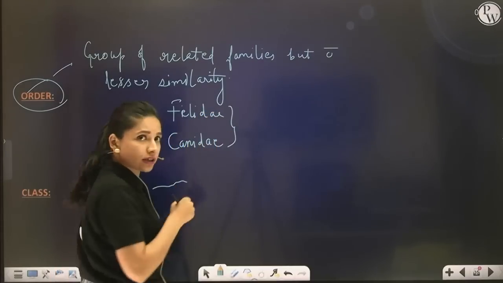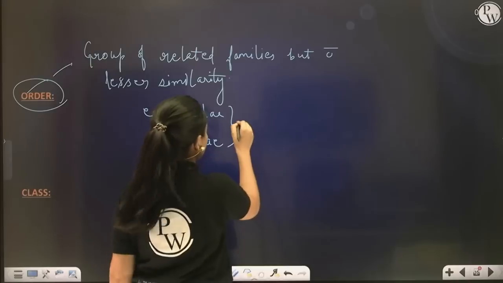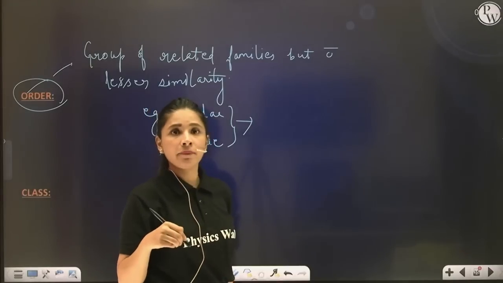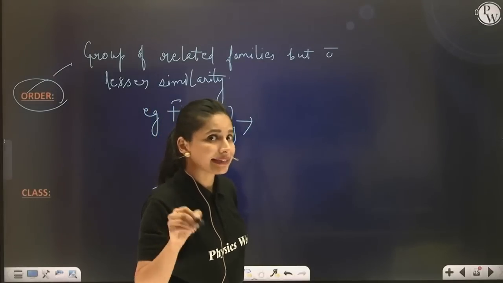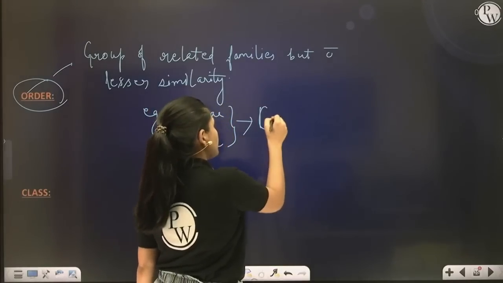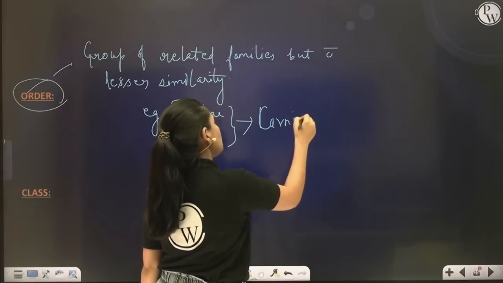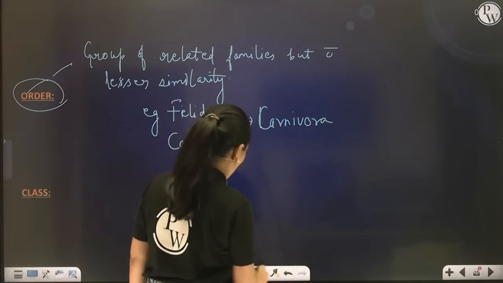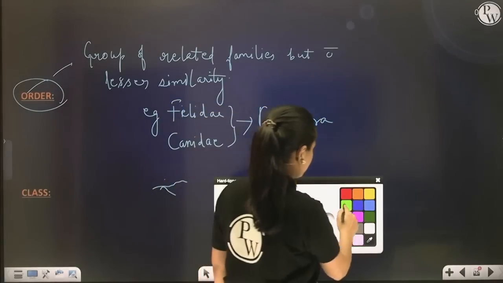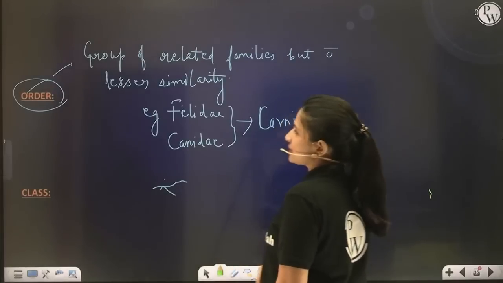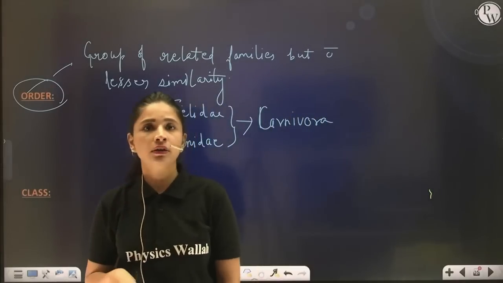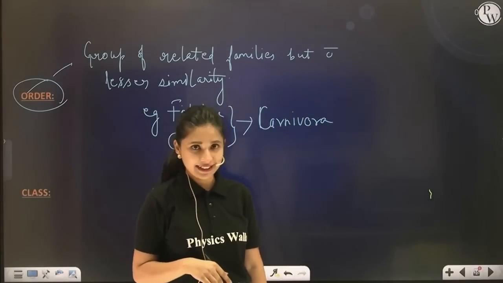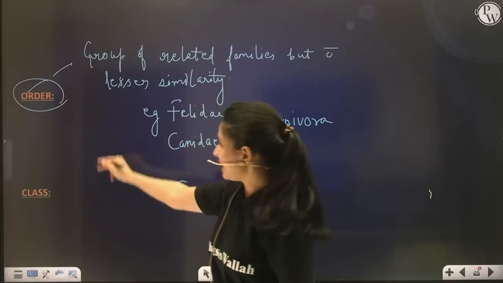Two different families, but they belong to the same order, that is Carnivora. Why? Because, what is the reason? The reason is they feed on flesh. Clear?